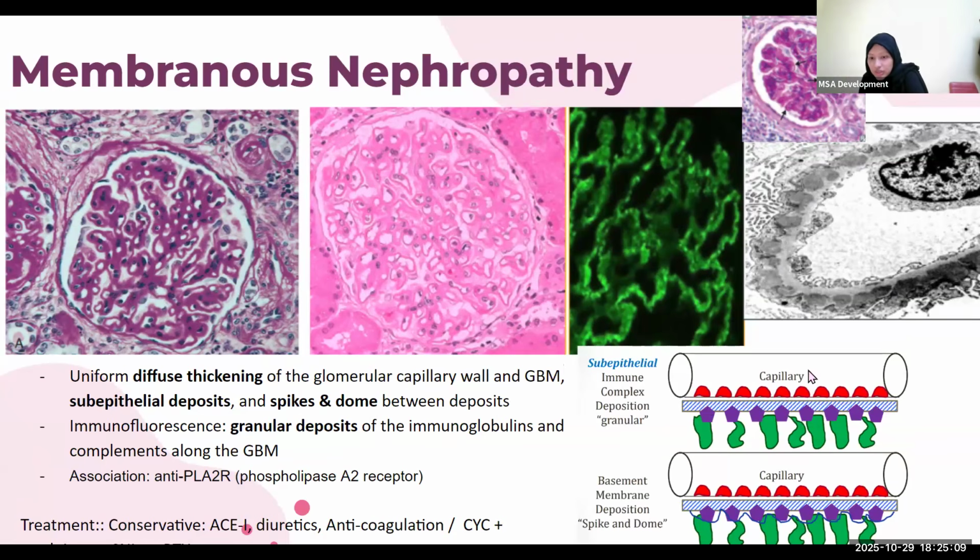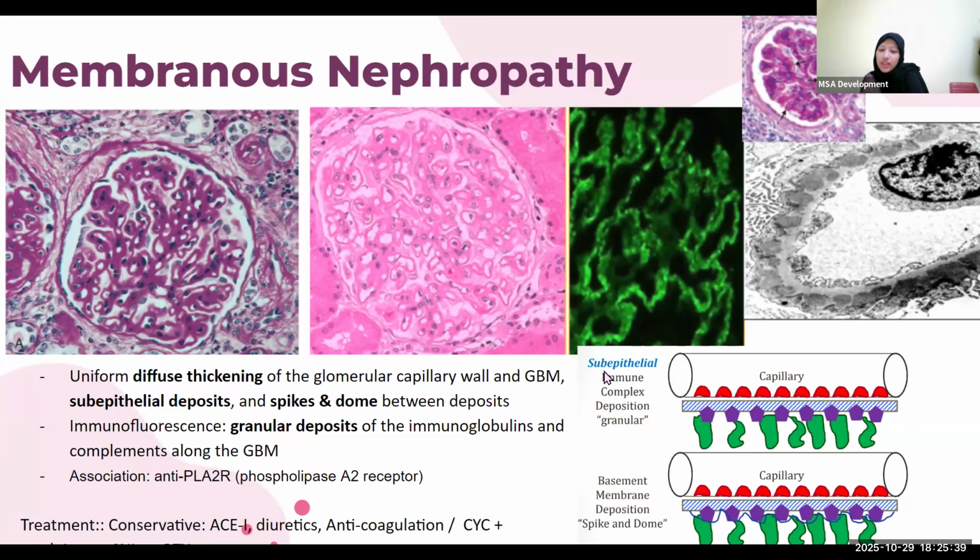So here you see capillary, basement membrane. The purple ones are the podocytes, right? Beneath that epithelial or podocyte layer are the deposits. This is what causes the spike and dome appearance, because of these deposits placed behind the podocyte.